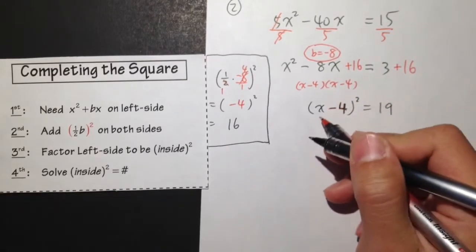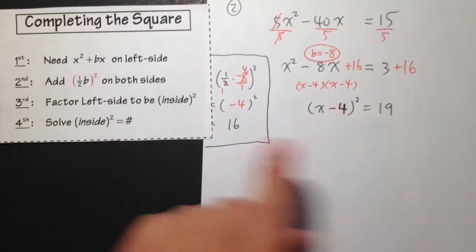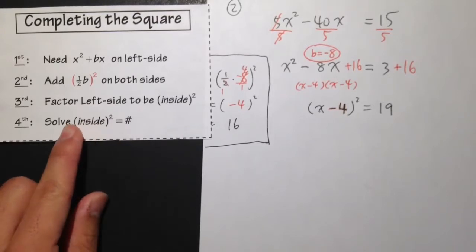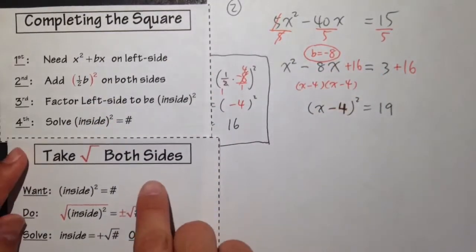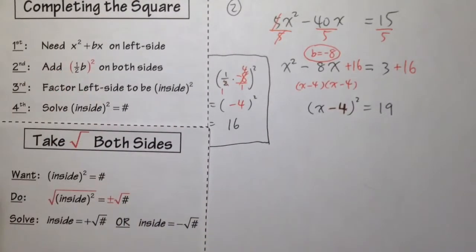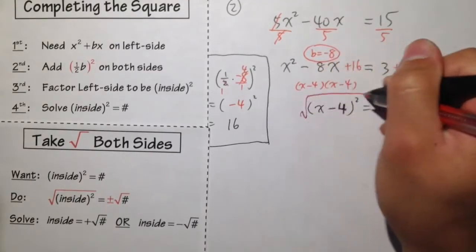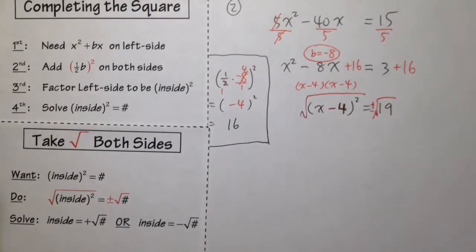Now we have x minus 4 parentheses squared is equal to a number. We just need to solve that. We just need to solve something inside squared is equal to a number. And we are going to solve that by taking a square root of both sides. Okay? So then here I'm just going to take a square root here, and then square root here, put a plus minus there.